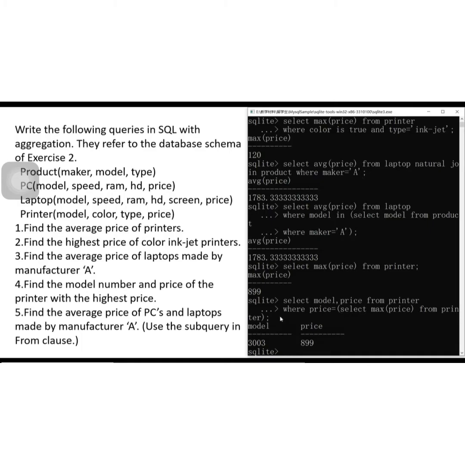So the result of this subquery is a value, is a single value. So single value compared with single value is okay. So we can use a comparison connector between the attribute and subquery.